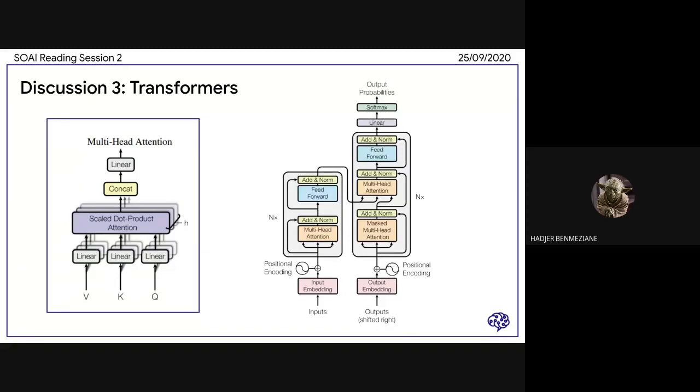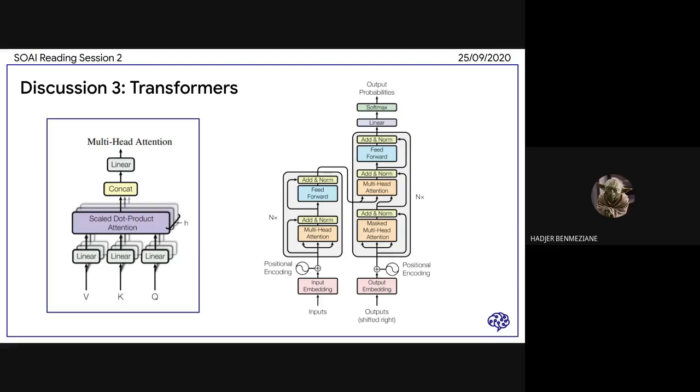Okay. I think the most important information that you need to keep in mind is that the transformer got rid of all the recurrence in the model. That means that the transformer is a seq-to-seq model, so it has the encoder and decoder.